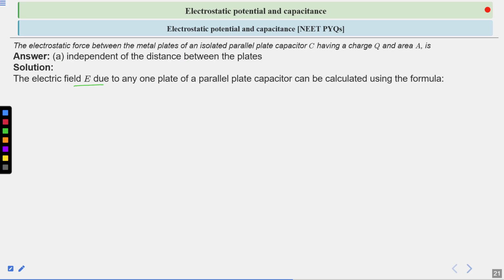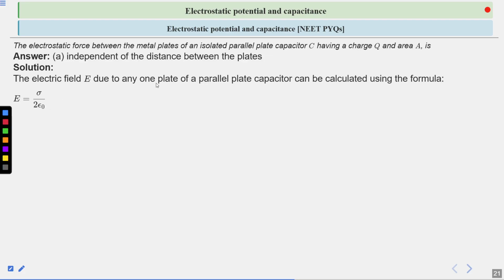The electric field E due to any one plate of the parallel plate capacitor can be calculated using the formula. Due to one plate, negative plate or positive plate, it is sigma by 2 epsilon naught. But the net electric field between the plates of the capacitor is sigma by epsilon naught, which is the sum of the electric fields of both the plates.